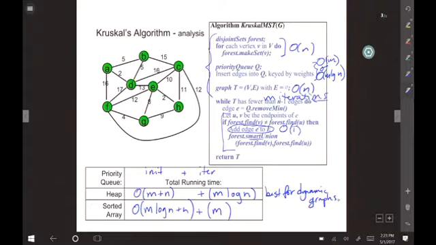Okay? You know, though, a sorted array isn't so bad either, because it may be the case that, number one, something else happened to sort your edges ahead of time anyway, so you might essentially get this for free. Or, number two, you've sorted them. There's no reason to ever unsort them, right? You can use them, perhaps, for other things, like other algorithms.